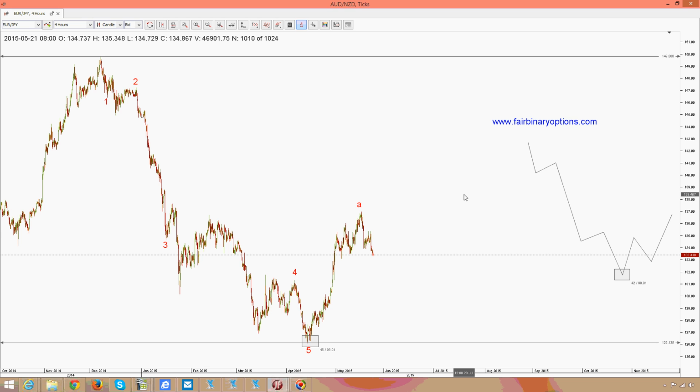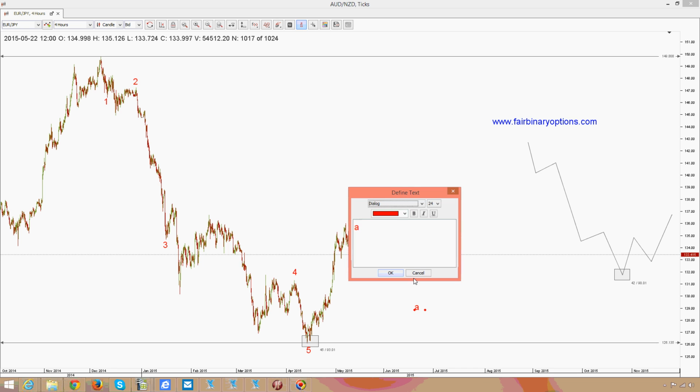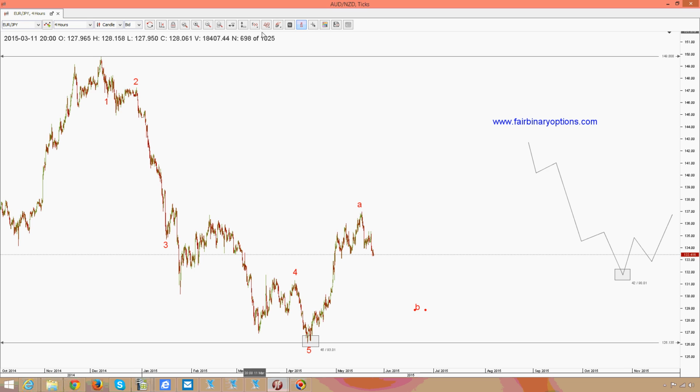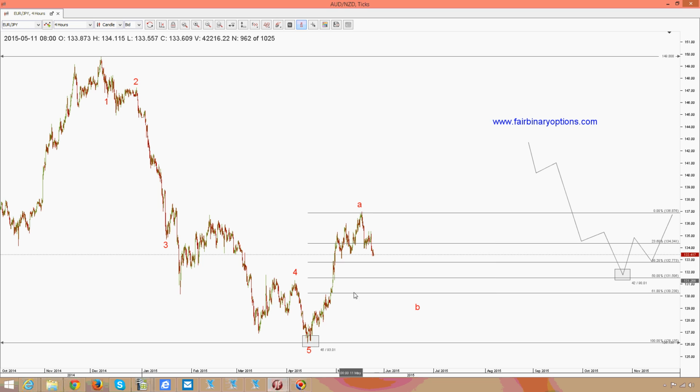But if it is a three-wave structure, then the B wave is mandatory to go below 61.8. So we are talking for a B wave that should stretch below 61.8. But if you go and take a Fibonacci retracement and measure the length of wave A, then 61.8, so from the lows to here, and you are searching for 61.8, that comes at 130.23.